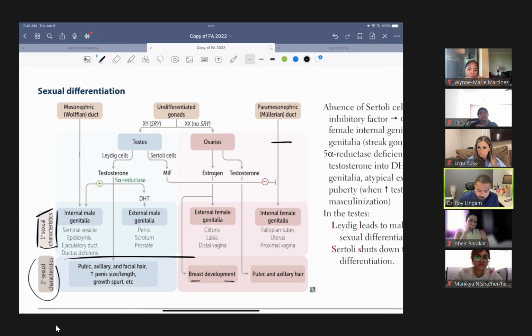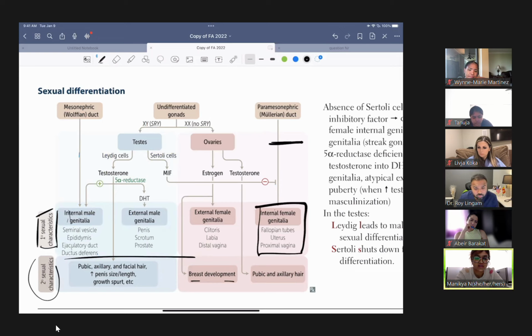If Wolffian is absent, then they won't have any of the internal male genitalia. But there is no disease where the Wolffian ducts are absent. Maybe 1 in 5 million, but it's not something we want to learn. The only thing you want to learn is if Mullerian duct is absent, that particular female will not develop any of those 3 structures.